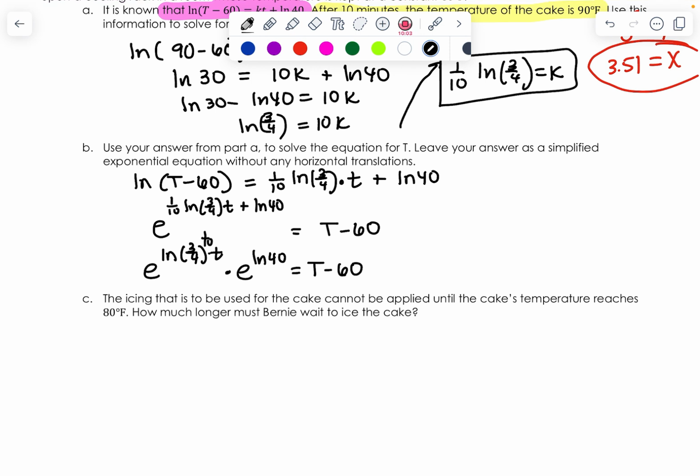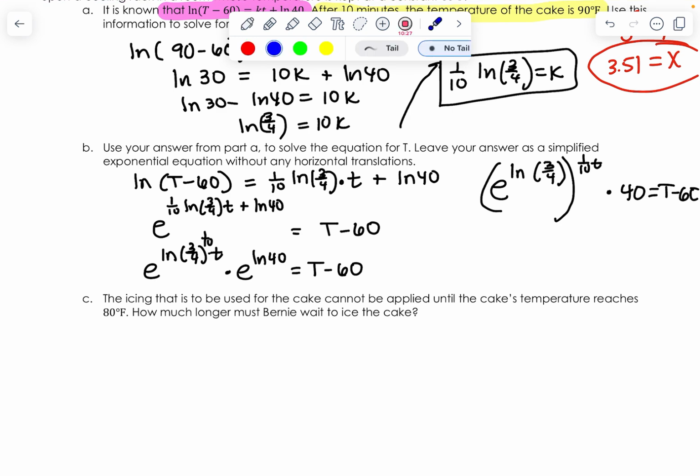And when I bring that power to a power, this is going to be e to the natural log of 3/4. And I'm actually going to pull the 1/10 t out. And then that becomes times 40 equals T minus 60 because e to the ln cancels.